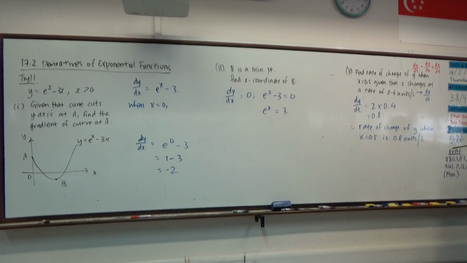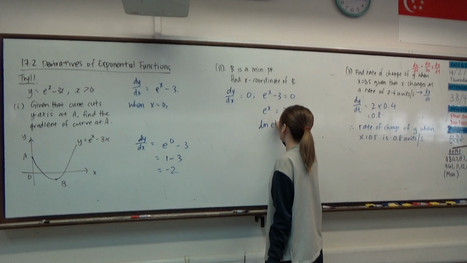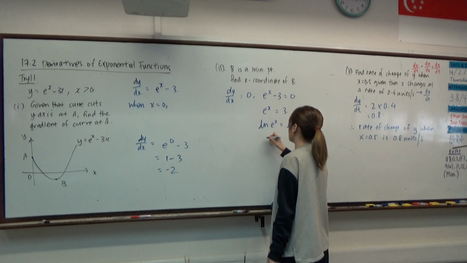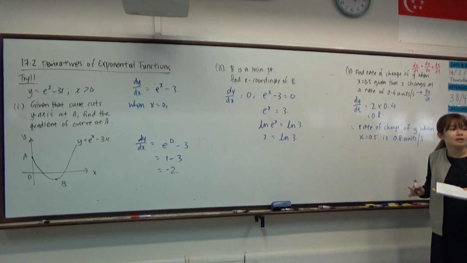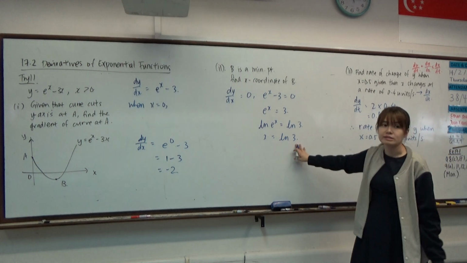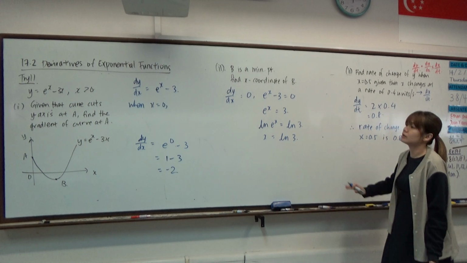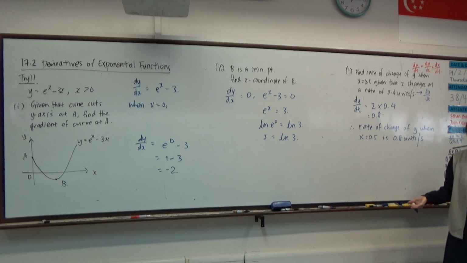Of course, there's no other way around it. Ln 3 equals x. So x equals ln 3. You could leave it in a decimal, or you could leave it in exact form, which is perfectly fine. But of course, if the question wants it to be exact, then leave it as ln 3.